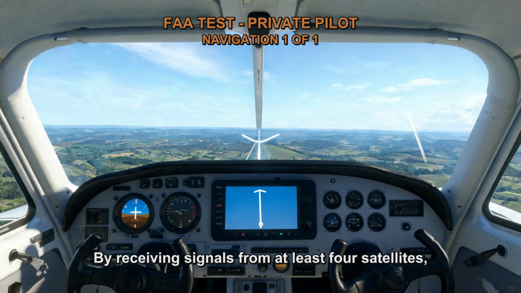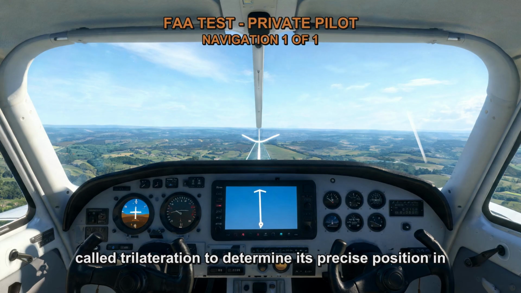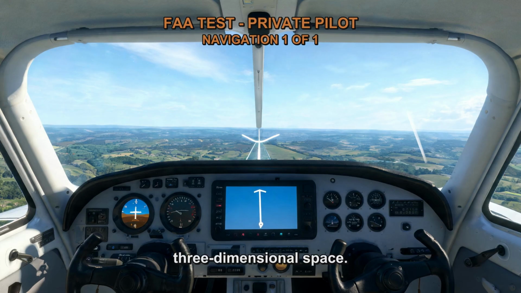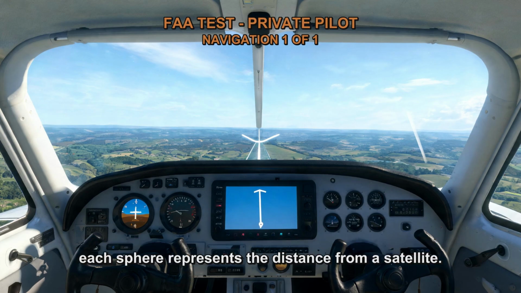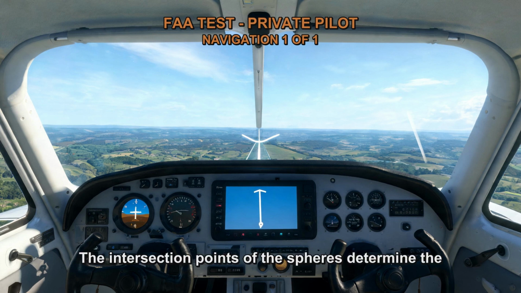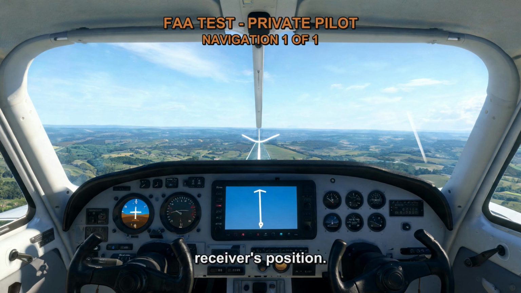By receiving signals from at least 4 satellites, the GPS receiver can then use a process called trilateration to determine its precise position in three-dimensional space. Trilateration involves intersecting spheres or sphere surfaces, where each sphere represents the distance from a satellite. The intersection points of the spheres determine the receiver's position.